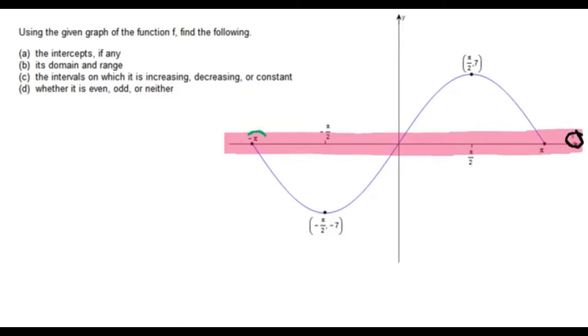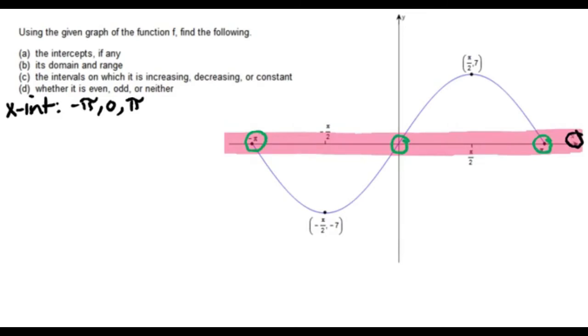We can see that the graph touches the x-axis here, crosses the x-axis here, and touches the x-axis here. So these will be our x-intercepts. So we have x-intercepts at -pi, 0, and pi.